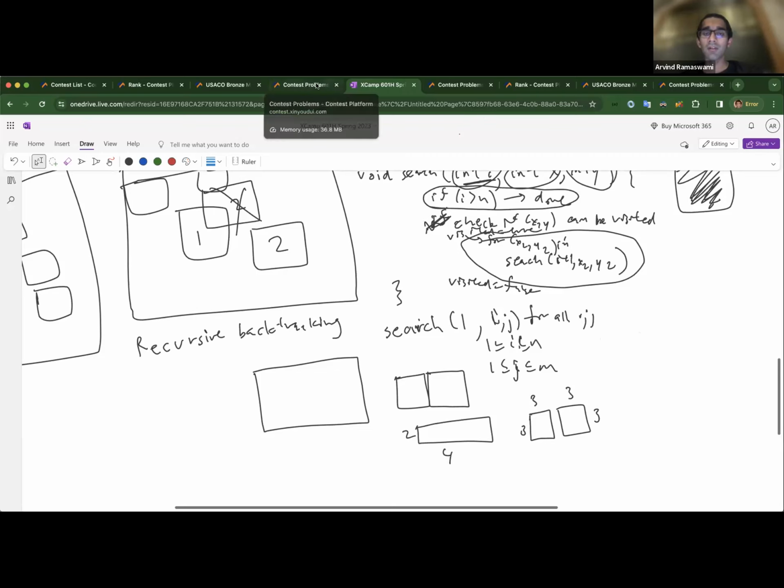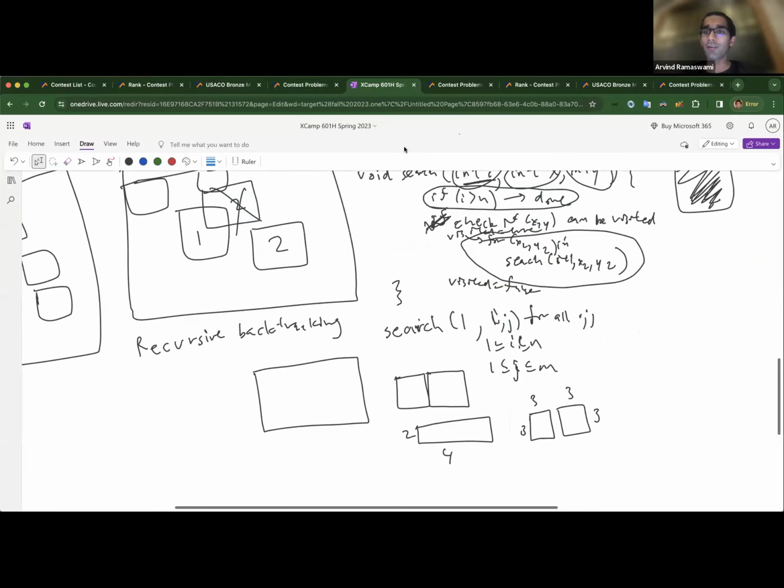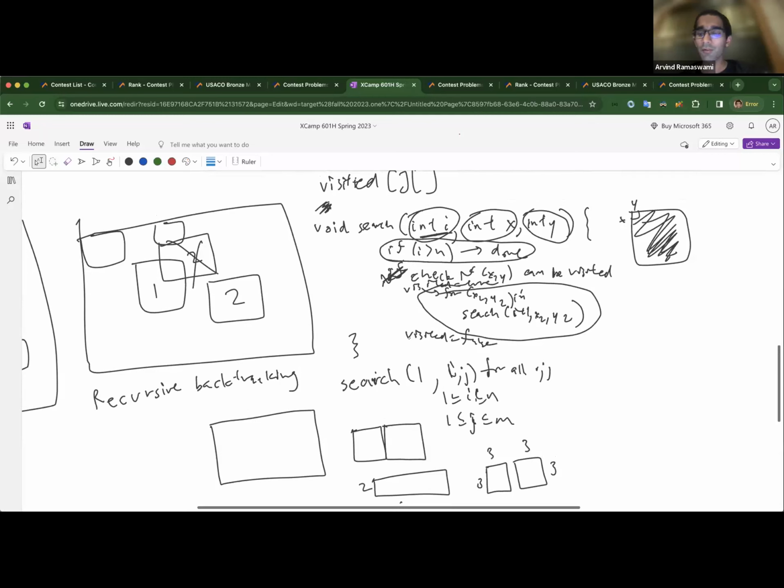During the contest, I think the scoring was a bit off for the first 40 minutes for Q3, so I updated that to 334. Recursion and brute force are topics that people learn for bronze.